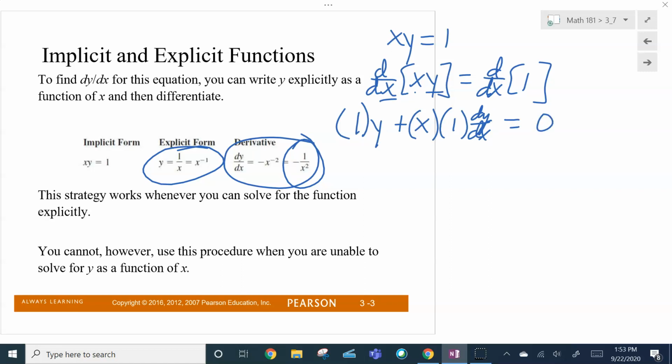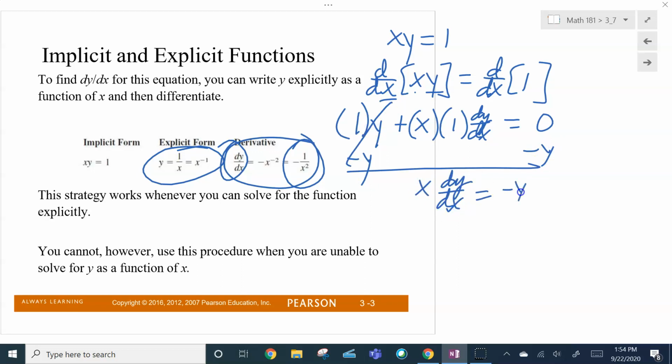Now what I'm trying to find is dy/dx, the derivative of y with respect to x. So I'm going to take this to the other side, negative y. So I have x dy/dx equals negative y, and then I'm going to divide by x.